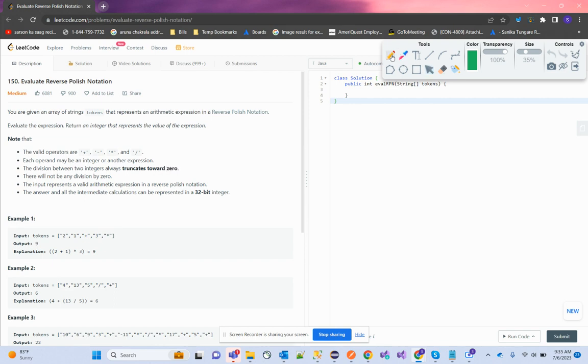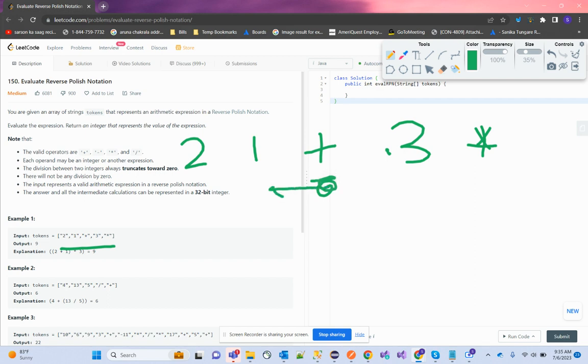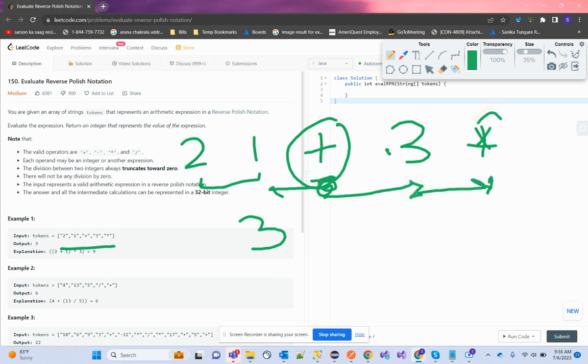In the example they have given, 2, 1, plus, 3, multiplication. Whenever an operator appears, we go back and apply it to the previous two integers. Here we have plus, so we add 2 plus 1, which becomes 3. Go ahead; 3 is an integer, so we don't do anything. Again, go ahead; here there is a multiplication.